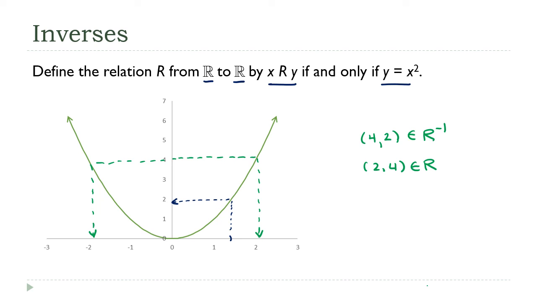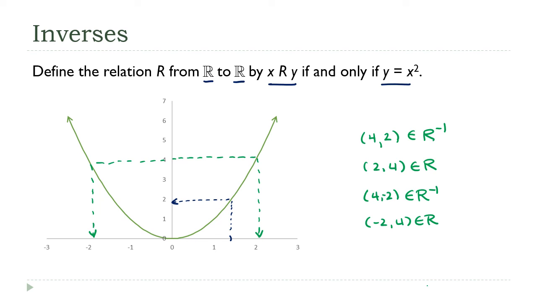So I would absolutely also say that (4, -2) is in the inverse. And again, this does match our definition because (-2, 4) is in the original relation.